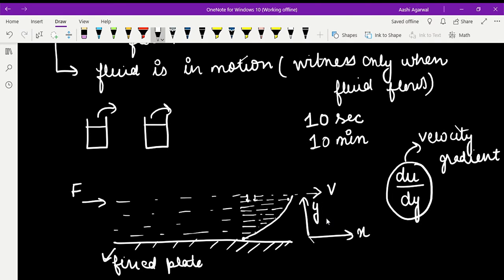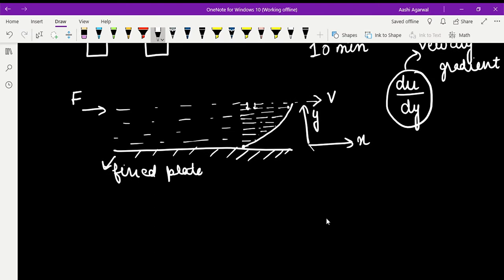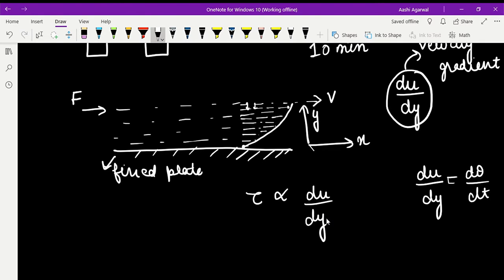So it is observed that this velocity gradient is directly proportional to the shear stresses that are generated. Basically, you can prove that du by dy is equal to d theta by dt, where d theta by dt is the rate at which the angular deformation is taking place.